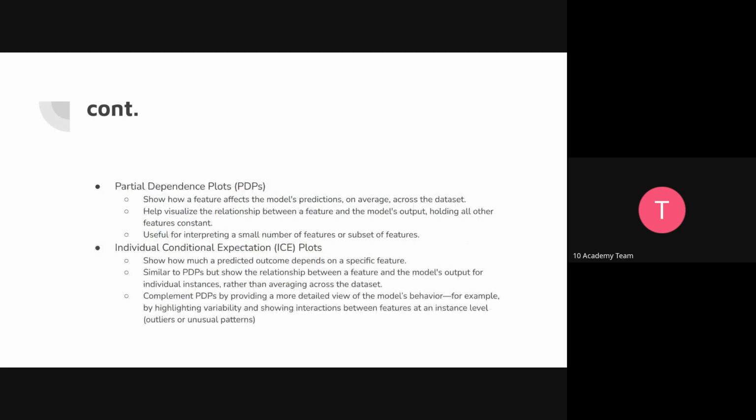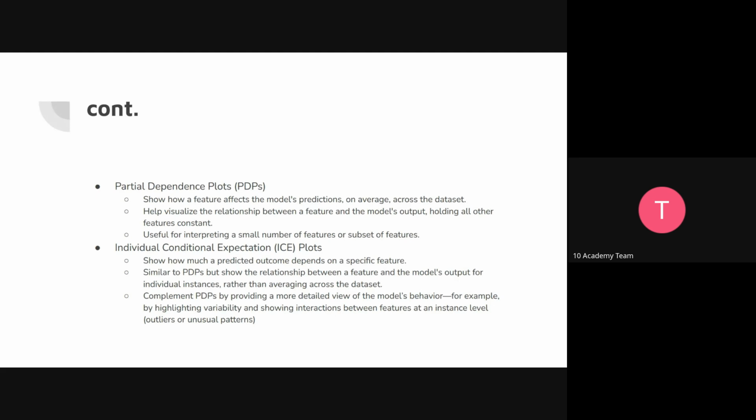There are also partial dependence plots and individual conditional expectation plots. These consider the effects of the features or input on the output, and they are plots to help visualize the relationship between input and output.